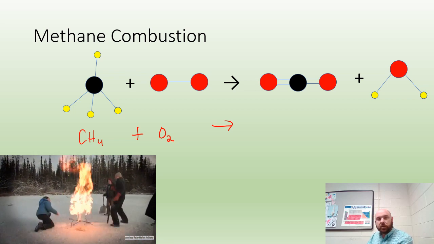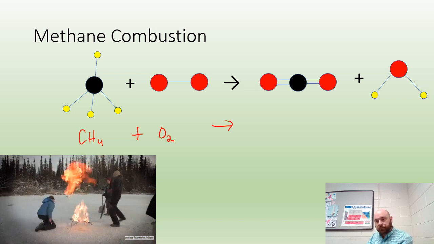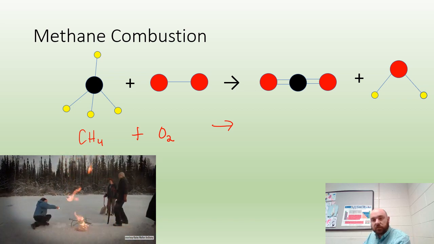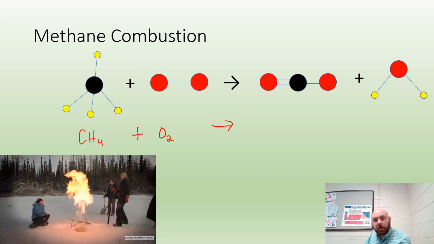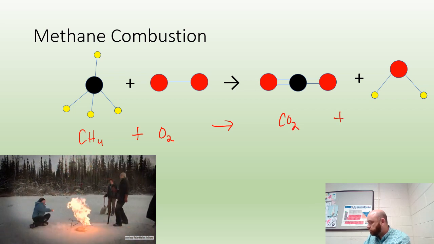However, when we write chemical equations, we're only concerned with the material, the matter part of the chemical reaction. So the material parts of the products are CO2, we have drawn here, and H2O.